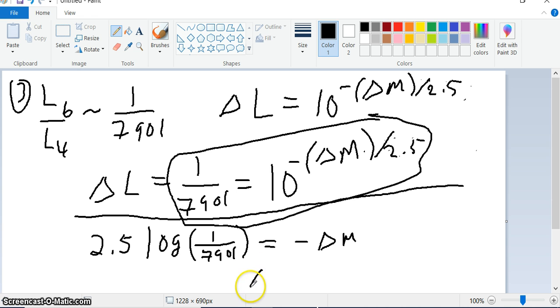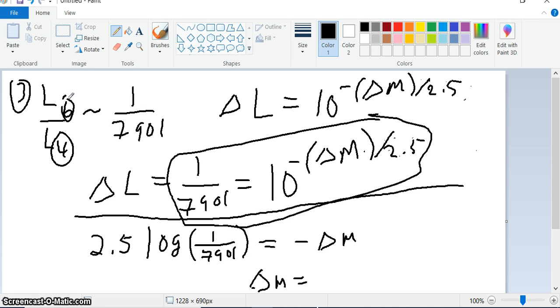So delta M, the change in the absolute magnitude of a protostar going from stage 4 to stage 6. Remember, at stage 6 it's just becoming a main sequence star.